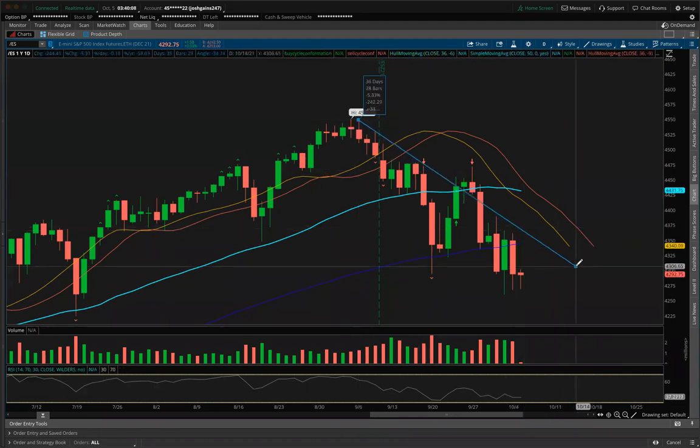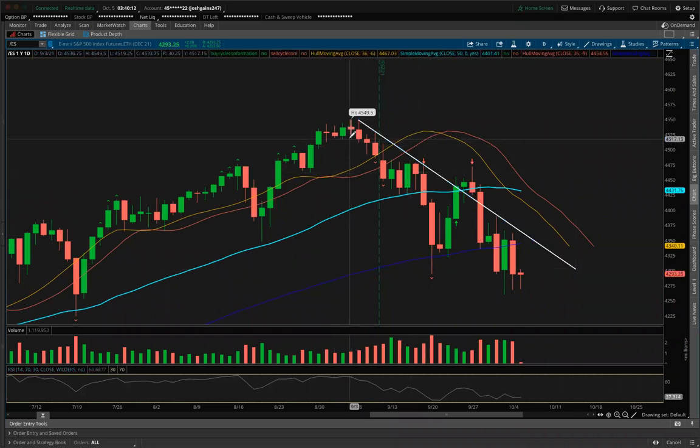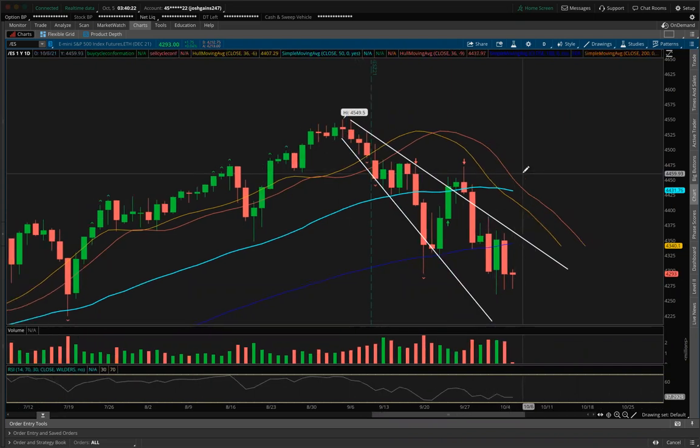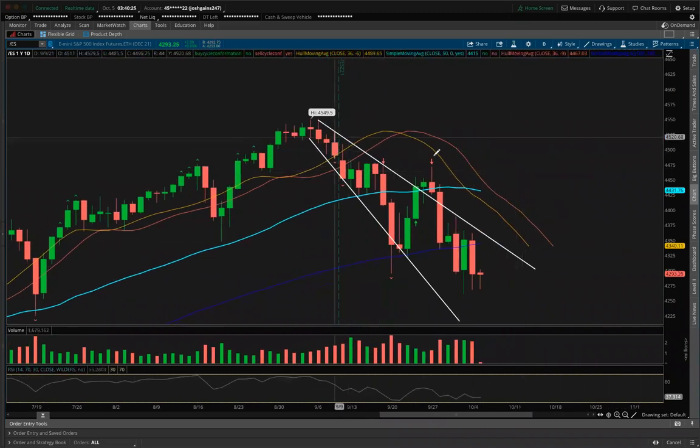So we've been in our broadening formation since our highs, and so we're gonna take a look at that real quick. Make sure to draw that out. For me personally, a lot of people might ask as I'm drawing this out, well, why aren't you using this wick here, or the wick down at the bottom?